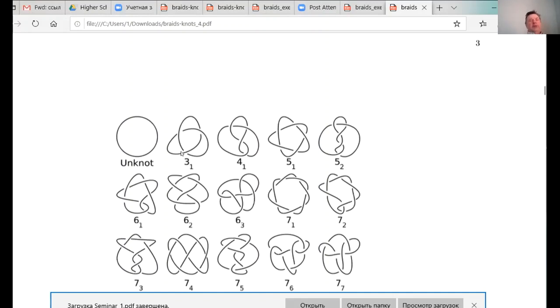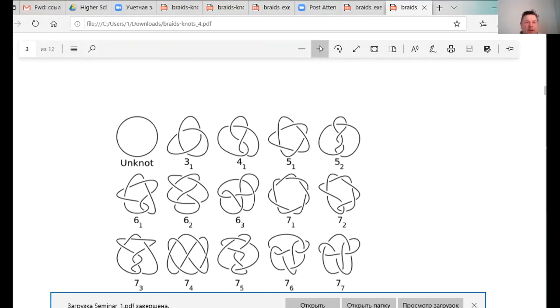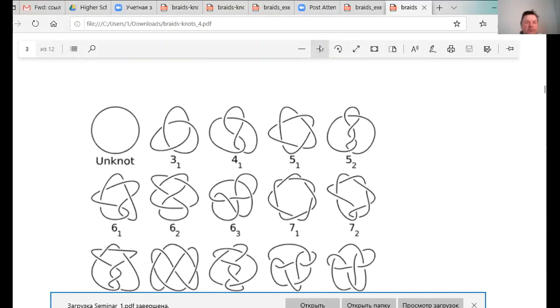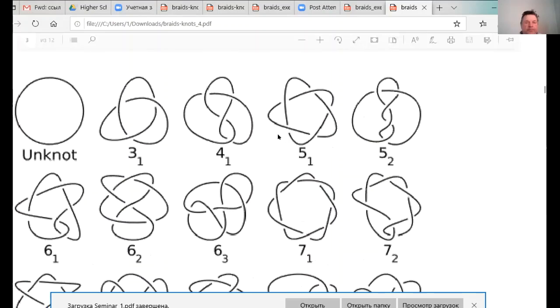So it will mean that this is a different object in knot theory. I'm still trying to reply to your question, and this knot is called the figure-8 knot.